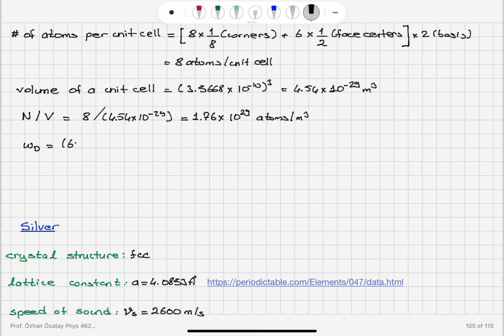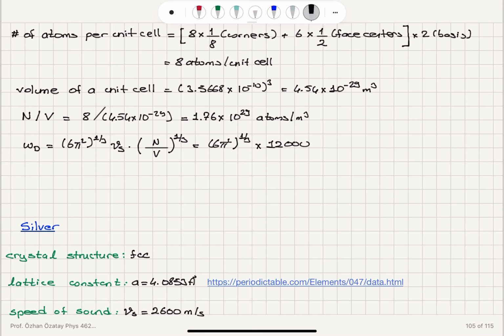Now, what is the Debye angular frequency, omega D? So first we have (6 pi squared)^(1/3) times the speed of sound times the number density N divided by V to the power 1/3. So this gives us (6 pi squared)^(1/3). The speed of sound is 12,000 meters per second in diamond.